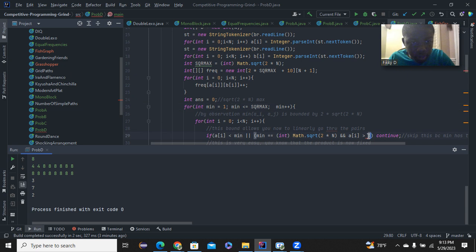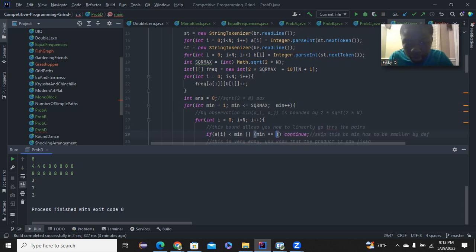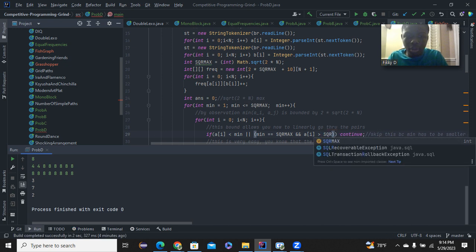And equal to the square root of max. Then we know that f of a sub i colored here. Sorry.